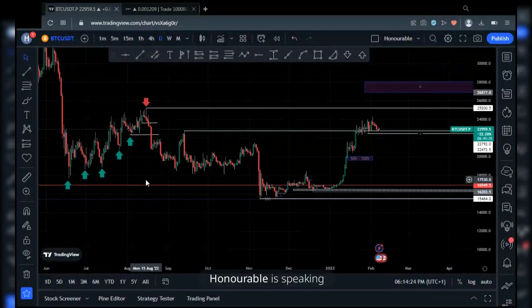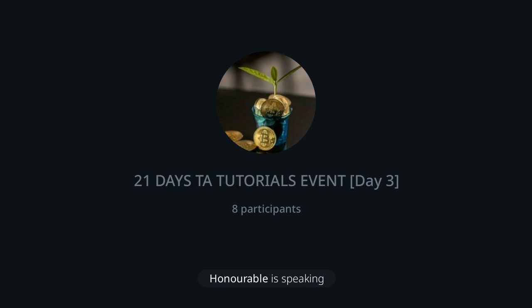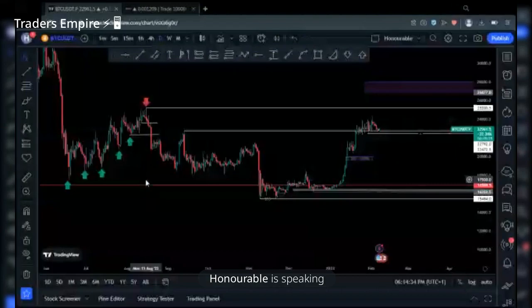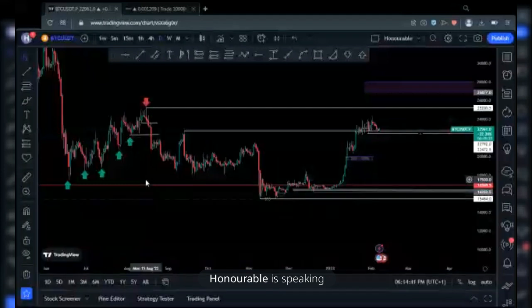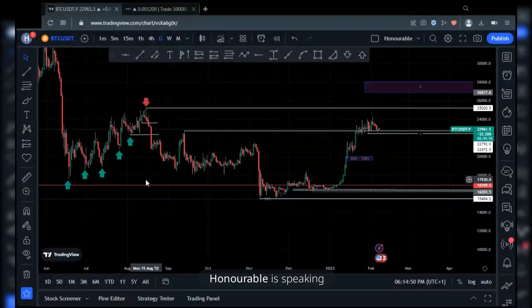So talking about support and resistance, we've looked at the bullish market structure, the bearish market structure, the break of structure, and the change of character. In this other component of market structure, which is the support and resistance levels, the horizontal support and resistance levels and the trend line, these are all things that have to do with market structure that we don't just throw away to focus on higher highs and higher lows and looking for break of structure.